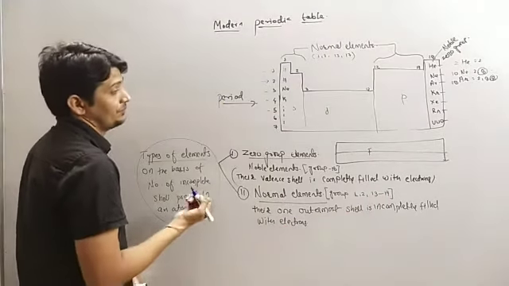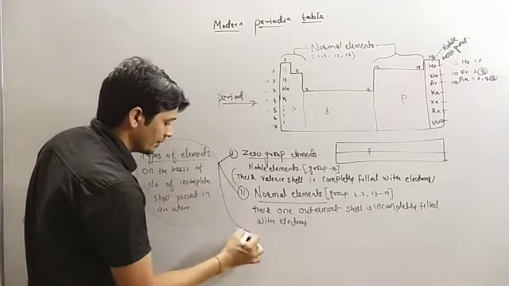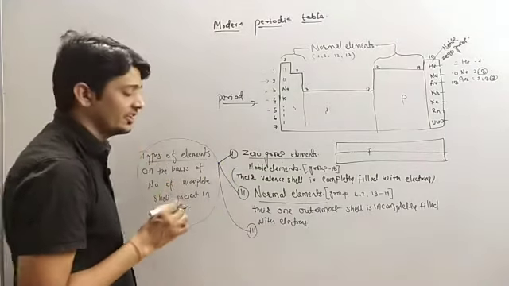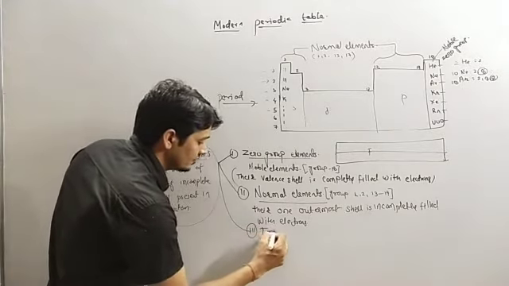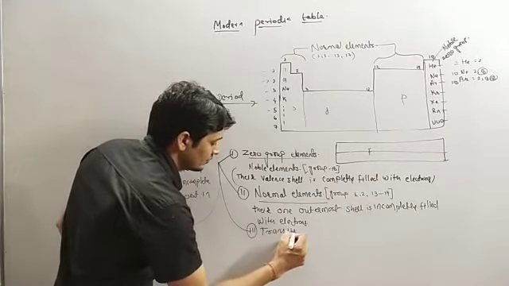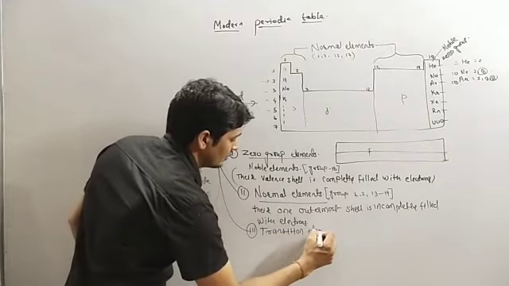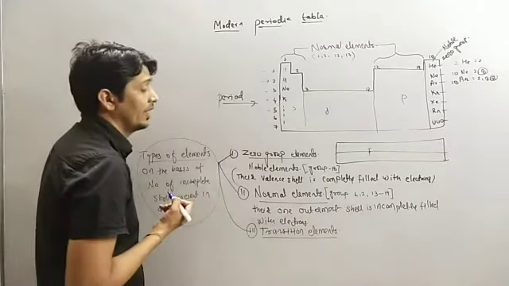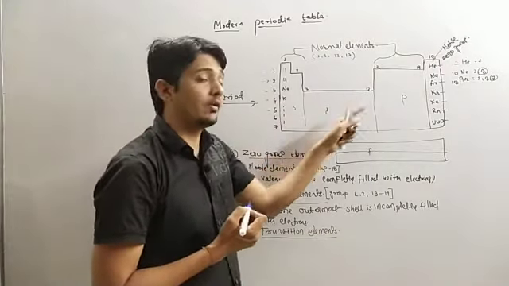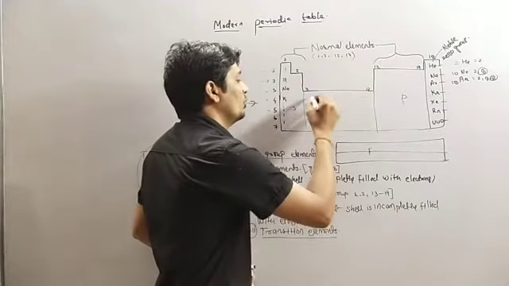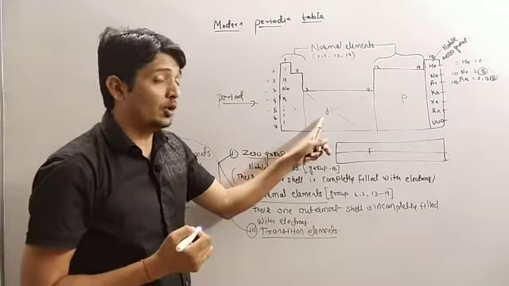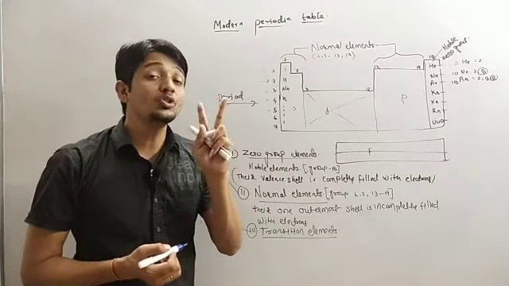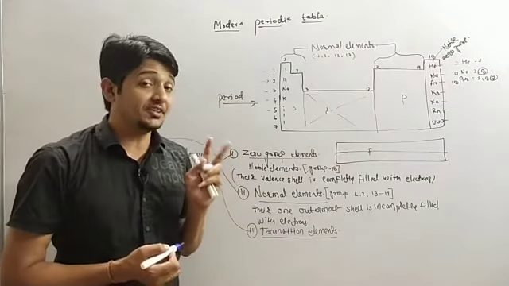Okay, so now the third type. The third type is transition elements. So elements of group 3 to 12, that means all the elements of group D or D block elements, are called transition elements because their outermost two shells are incompletely filled with electrons.